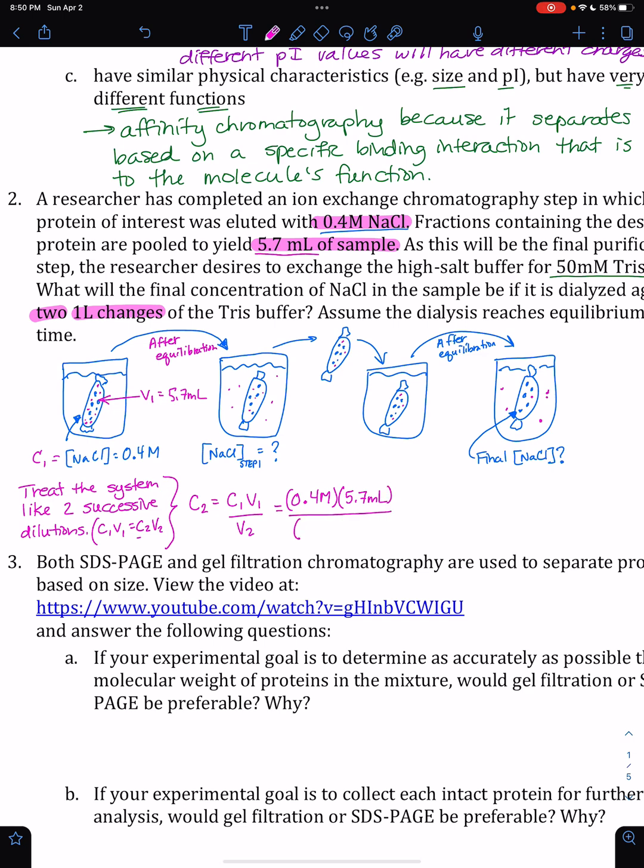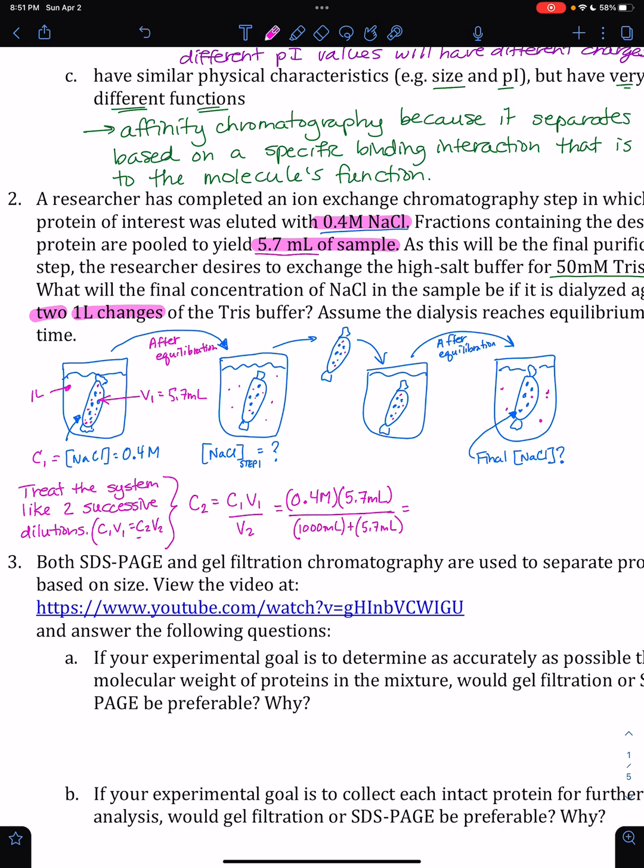And V2 is the combined volume of both what's in the beaker and what's in the bag. So that's going to be 1 liter, which I'm calling 1,000 milliliters, plus the 5.7 milliliters.